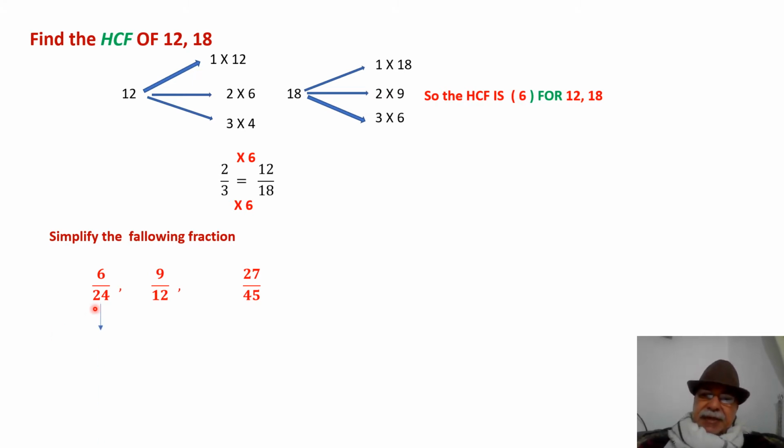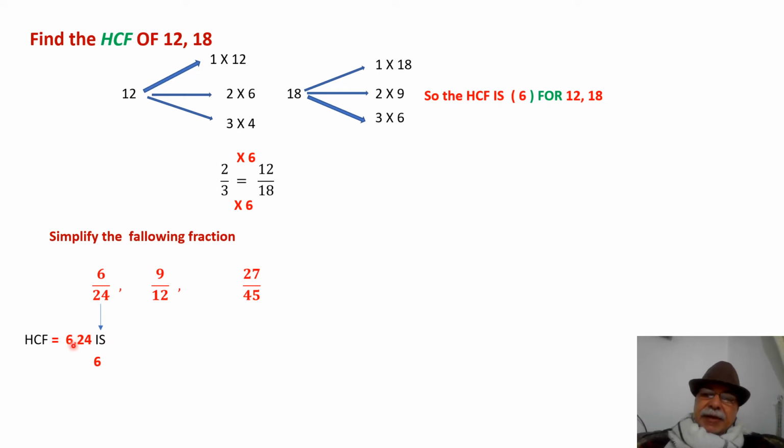In this case, I will find the high common factor of both numbers. The high common factor for 6 and 24, after I write the timetable for each number, I will get as 6.